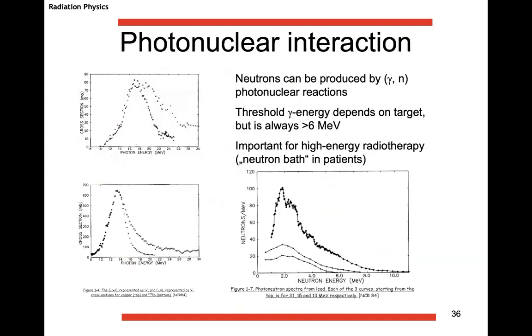Now, one important part, we have seen it, is photodisintegration, when neutrons are produced by photons. There is also a threshold for this one.